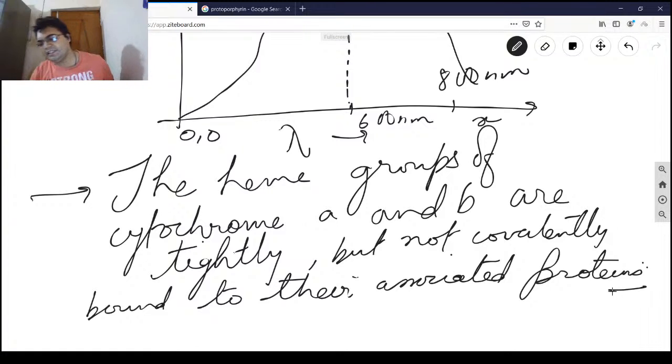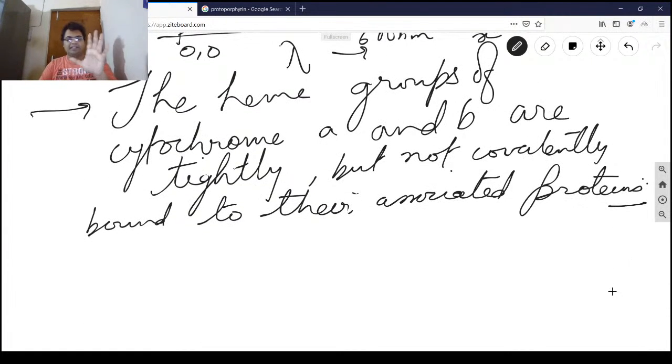That is the way it happens. It means the protoporphyrin ring is attached to the polypeptide chain of the cytochrome via van der Waals interaction, dipole-dipole interaction, hydrogen bonding, hydrophobic interaction, any other non-true chemical bond interaction, but not covalent.